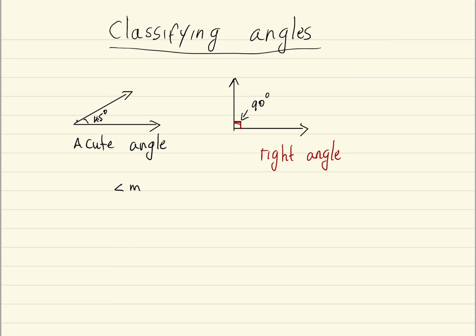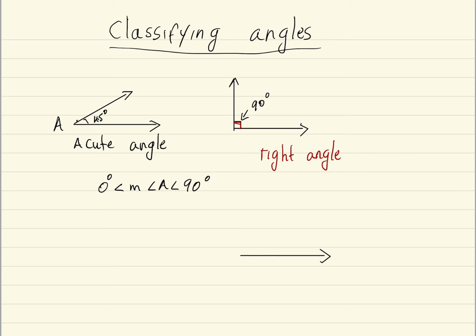Let's say we call this angle A. So the measure is greater than 0 degrees but less than 90 degrees. So let's go to the next one, the obtuse angle.